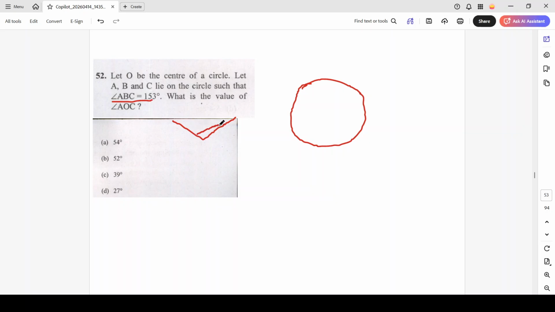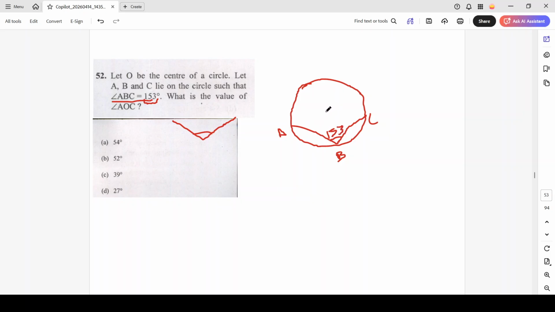As we know the concept in the circle, when there is an angle greater than 90 degrees, it lies in the minor sector, somewhere around here. So we have A, B, C as these points, and our angle is 153.